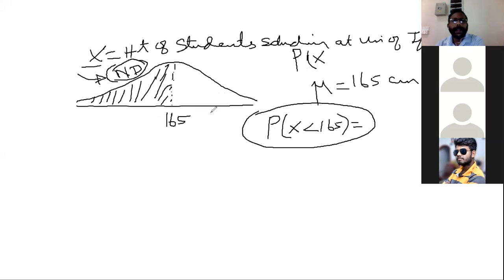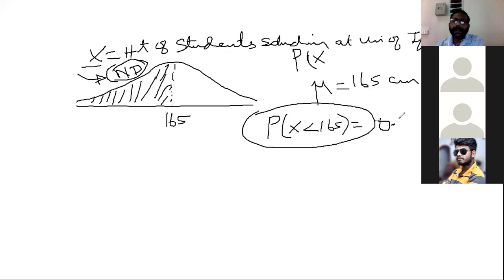What is this total area? 1. Yeah, if we consider total area 1, what is the marked area? 0.5, sir. 0.5. The answer is 0.5.